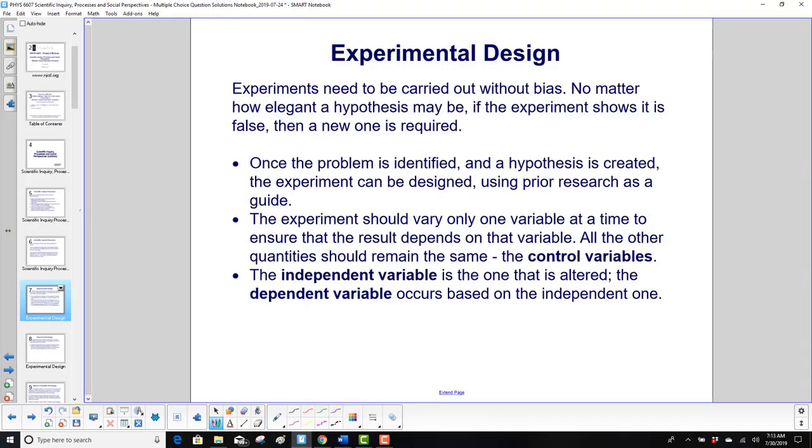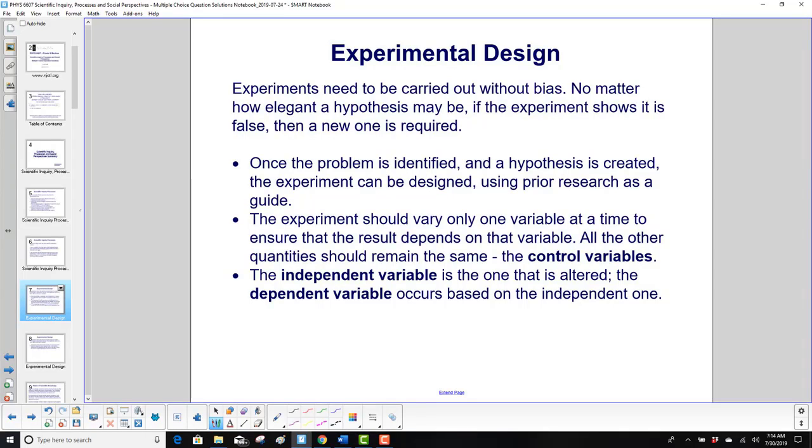When you design an experiment, you have to design it such that it is carried out without bias towards proving your hypothesis. No matter how elegant that hypothesis may be, if the experiment shows it is false, then a new one is required. A new hypothesis, that is. Once the problem is identified and you have your hypothesis or educated guess, you can design the experiment using prior research as a guide.